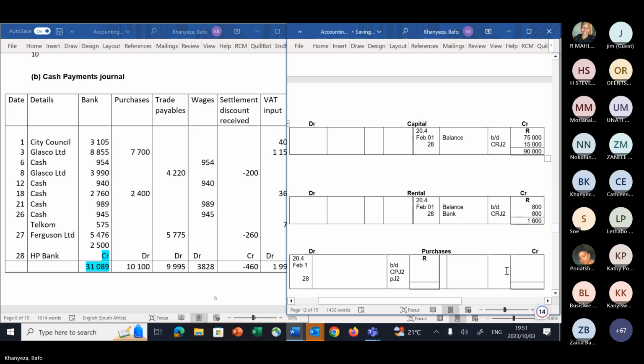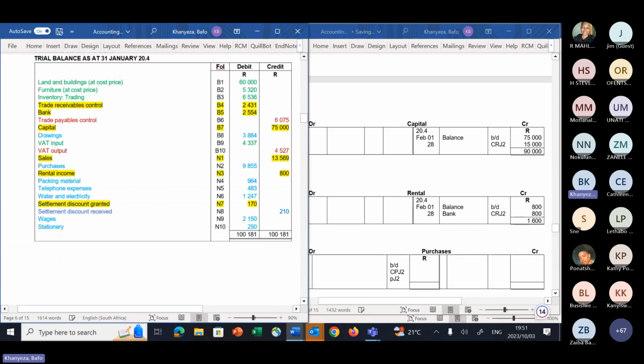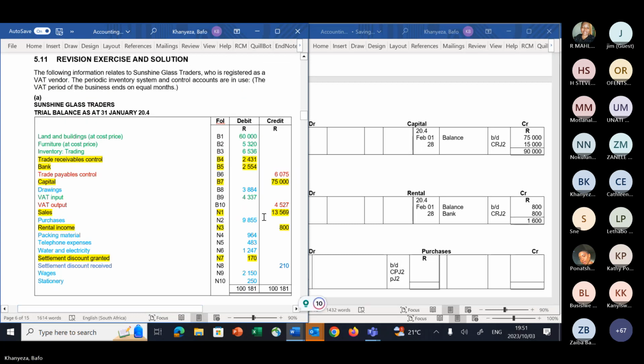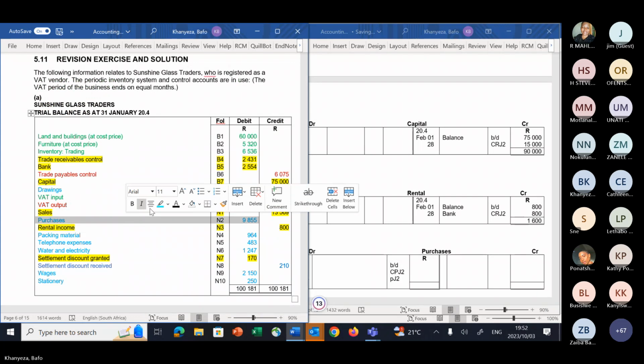Okay, purchases then. Let's start with the balance. Even the balance gives it away. Balance is on the debit side.